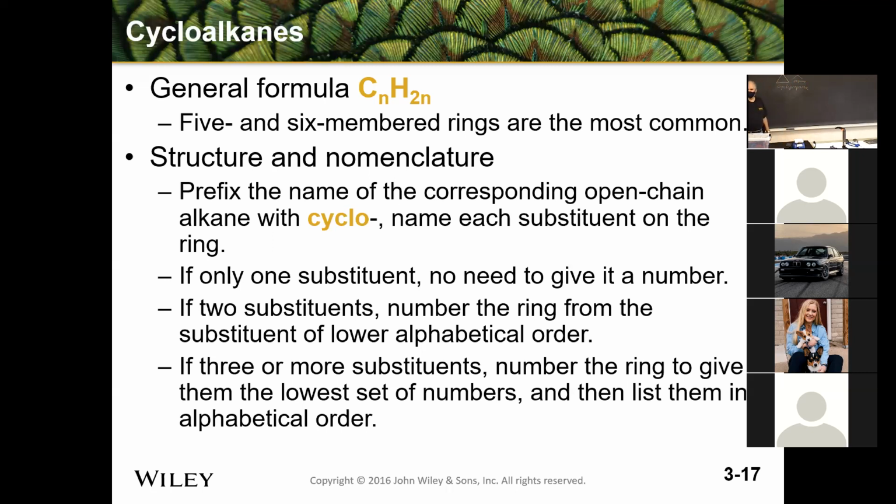When you're naming compounds, make sure that you include or exclude the prefix cyclo when it's appropriate. It's a common mistake I've seen to include the prefix cyclo on something that's not cyclic. So cyclopropane is the smallest cycloalkane.